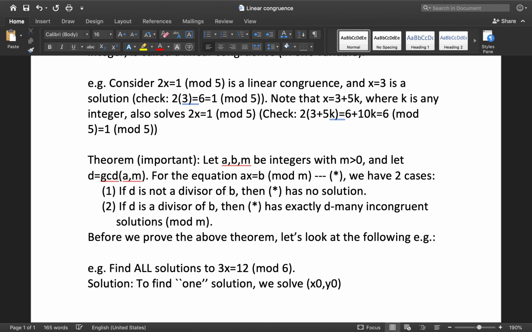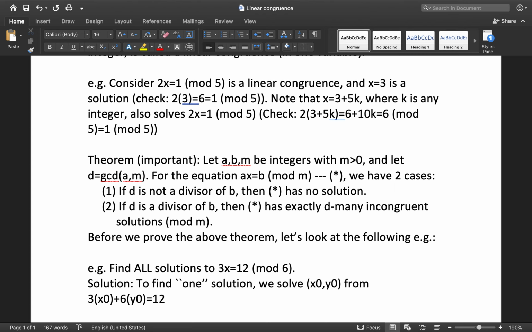We solve for x0, y0 from 3x0 plus 6y0 equals 12. Rather than solving the linear congruence equation, we are trying to solve the Diophantine equation first.